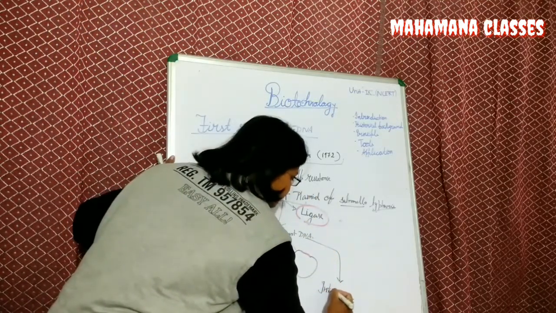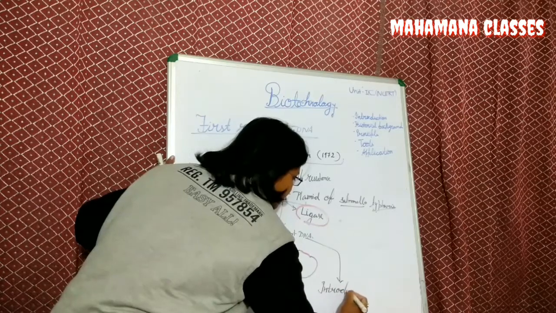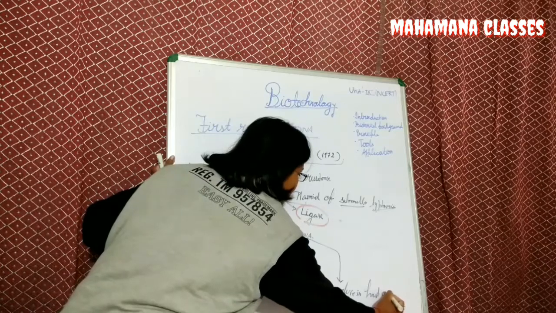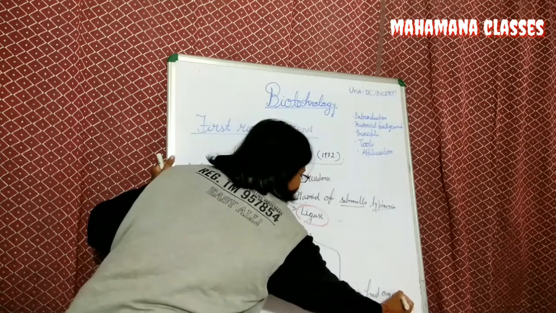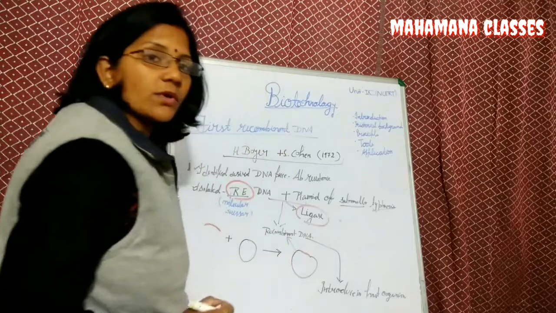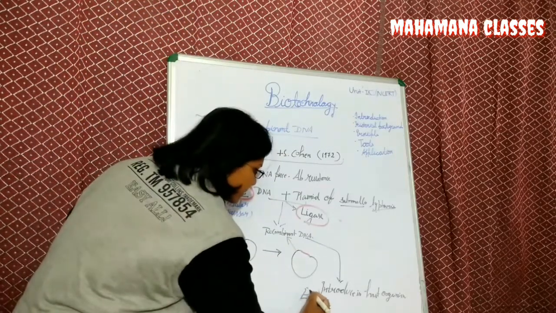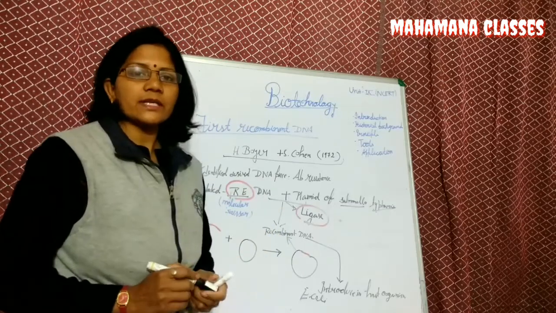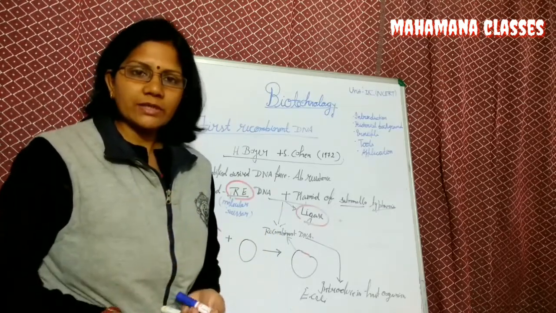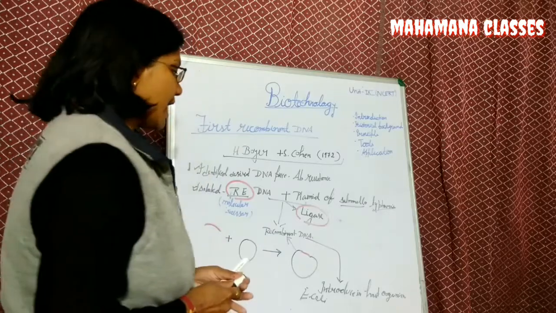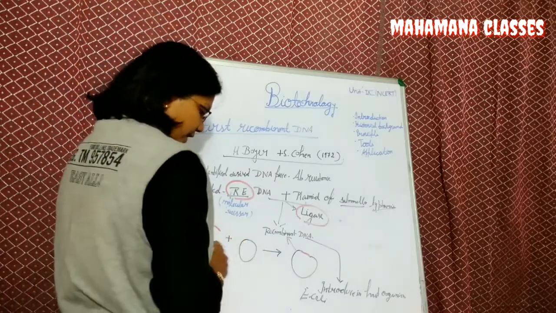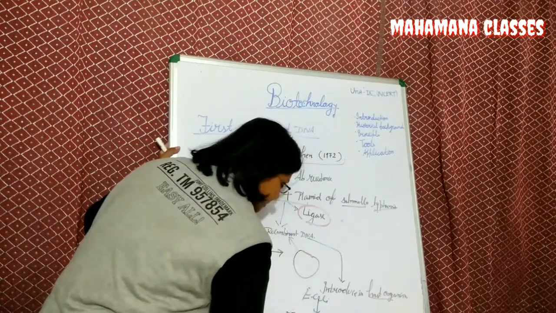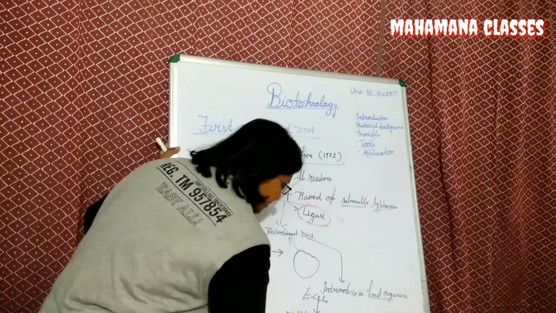In E. coli, it started to multiply autonomously, and we get our desired product. And there will be multiplication.